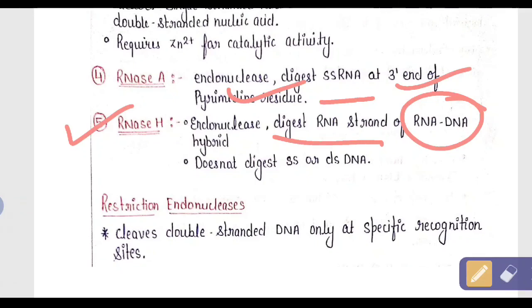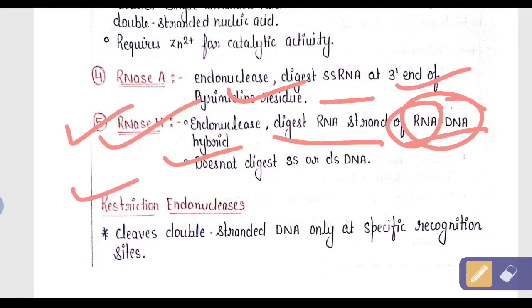So if we have an RNA-DNA hybrid, this RNase H is going to detect this RNA and degrade it. Okay, it is not going to digest the single-stranded or double-stranded DNA, only the RNA in the RNA-DNA hybrid.